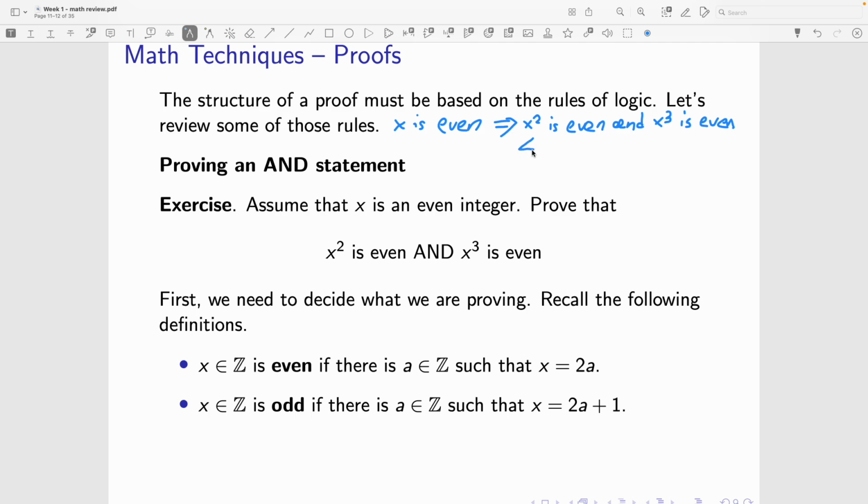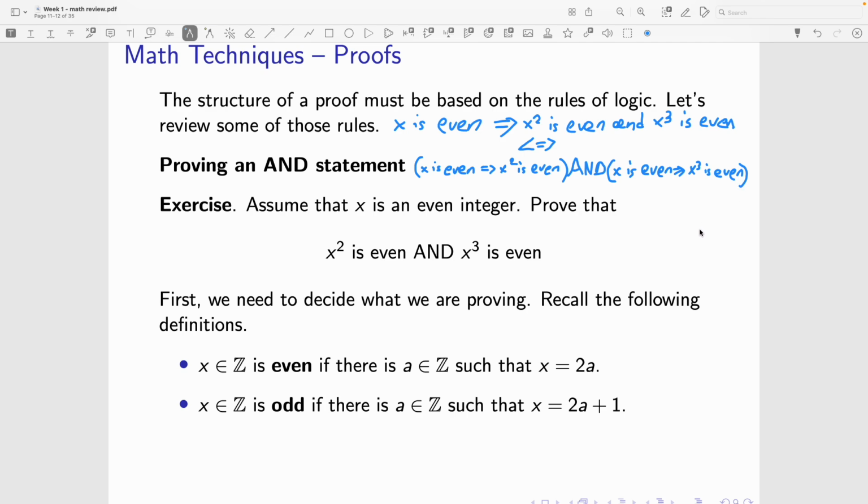I'm going to put the logical equivalence symbol in the middle here. Boom.